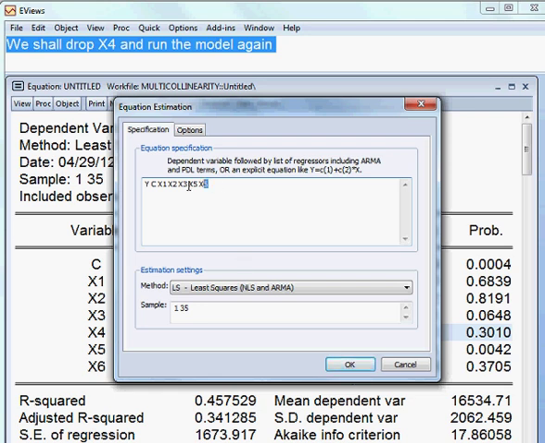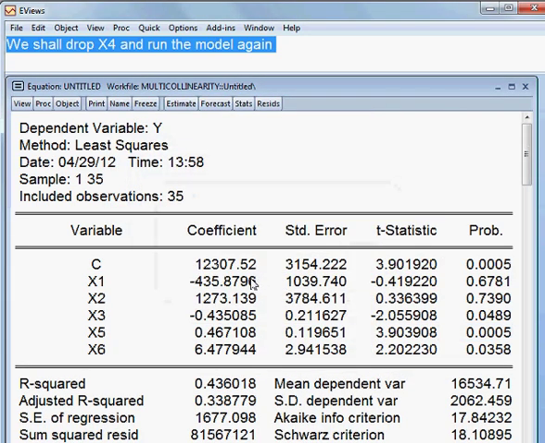You see there is no x4 here, right? So this is my new model, y is the dependent variable, and these are all independent variables, right?